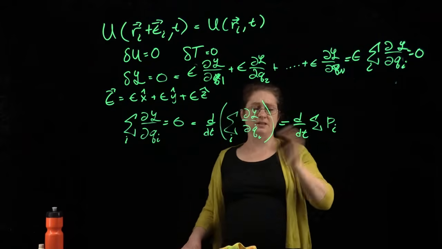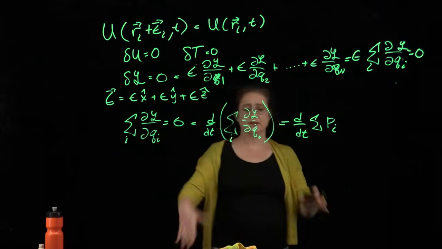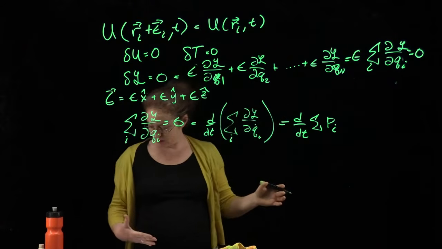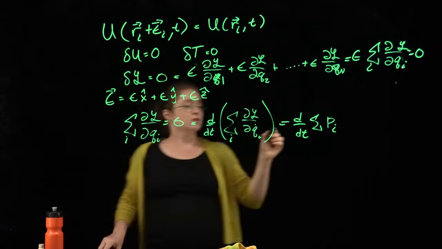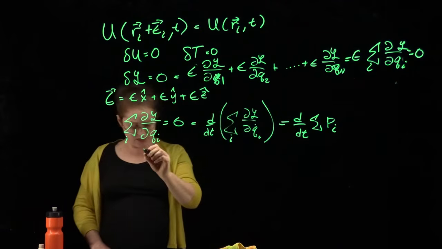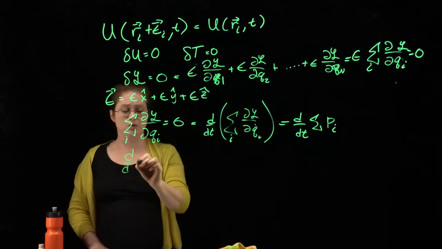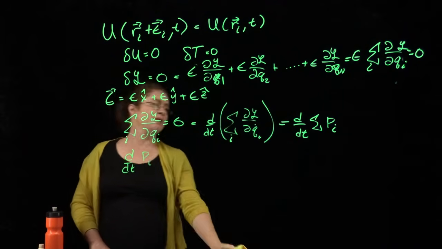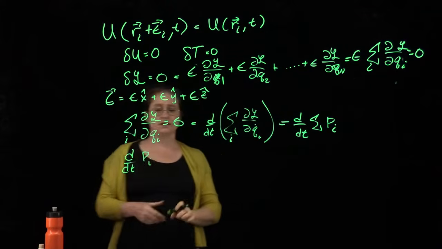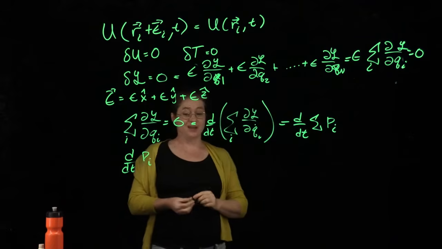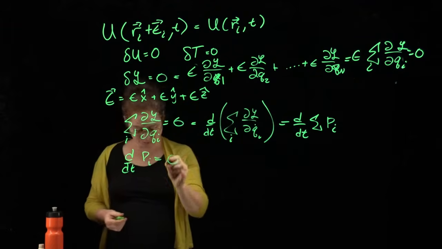But of course, this has to then individually be true because you can arbitrarily choose different sets of variables. So this tells you that the time derivative of the sum of the momenta for all of the particles for an isolated system is in fact 0.